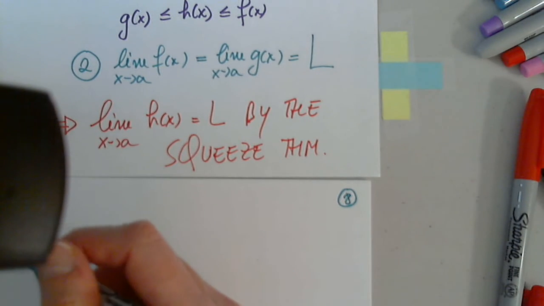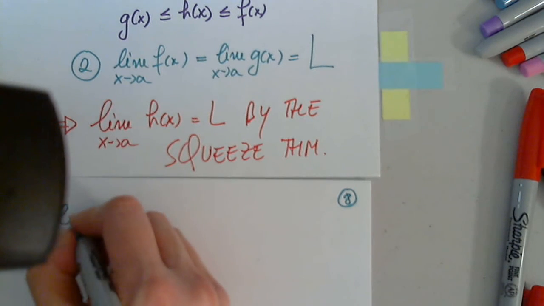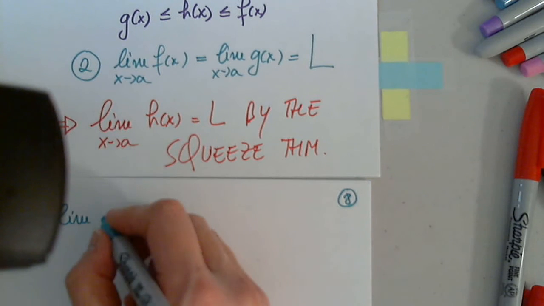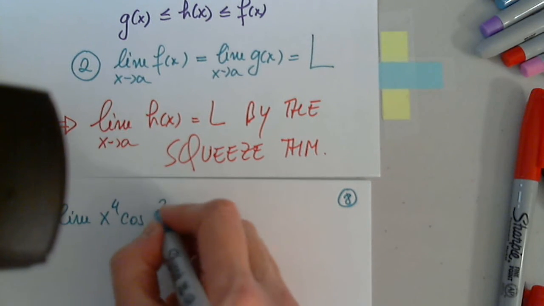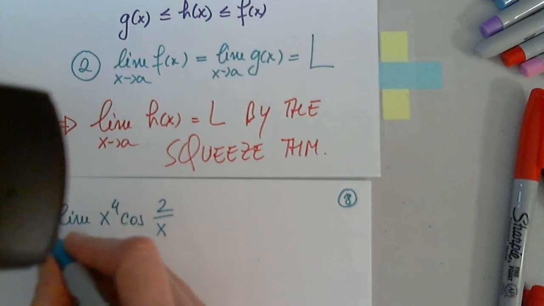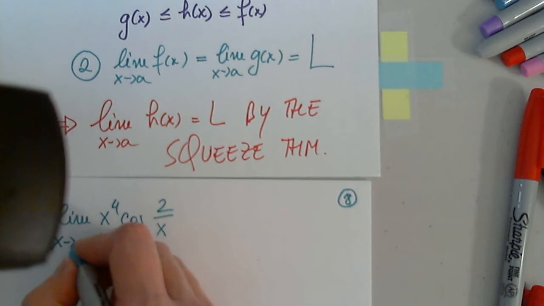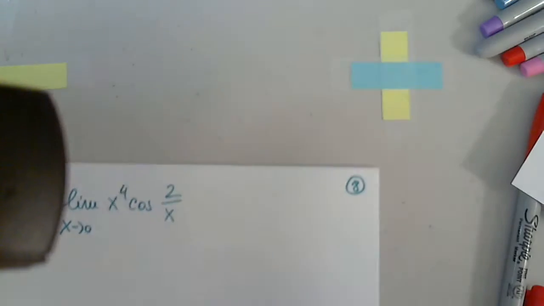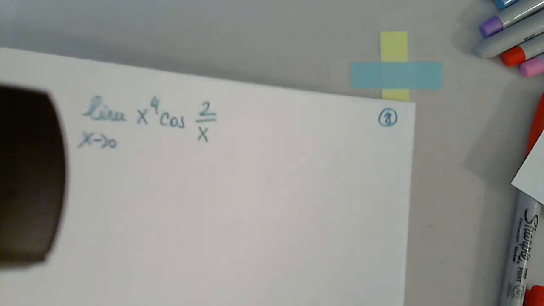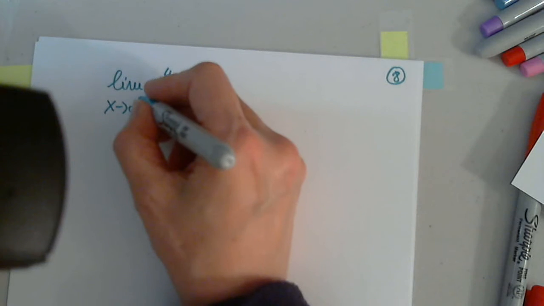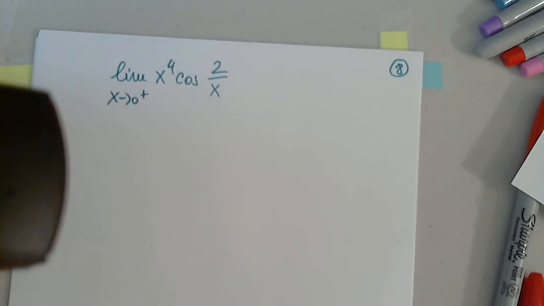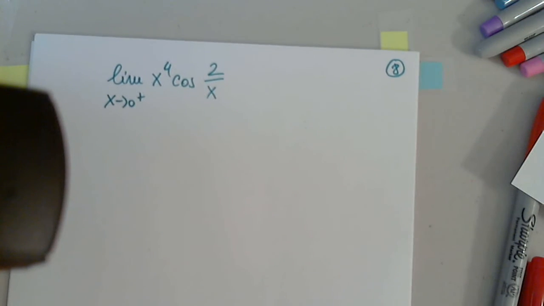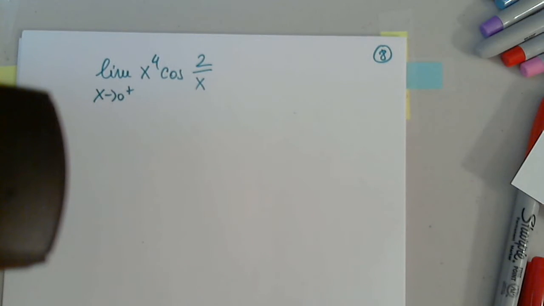And here's an example for you. So let's look at the limit of x to the fourth times cosine 2 over x as x approaches 0 from the right. And let's see what this equals to. What do we do first?